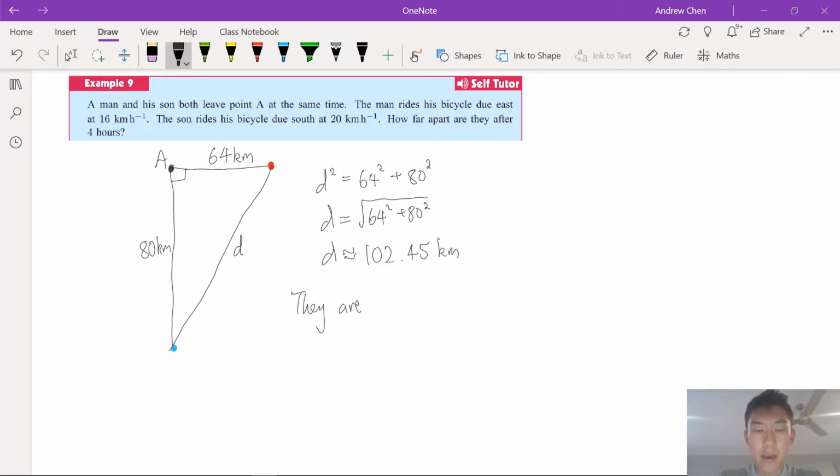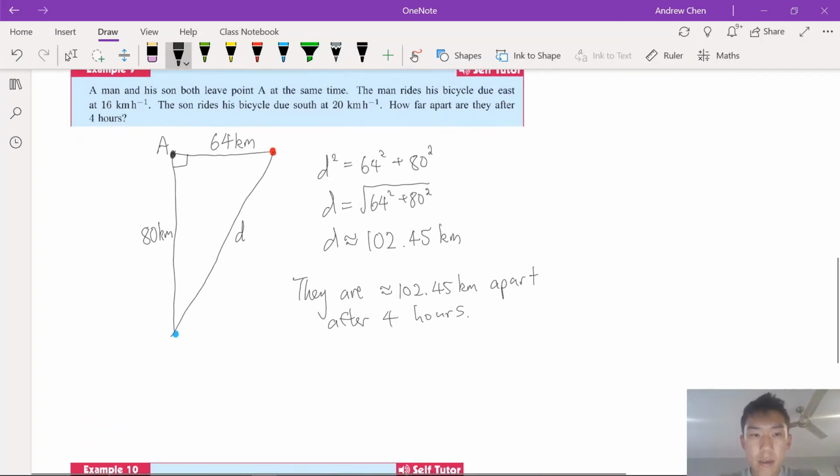They are approximately 102.45 km apart after 4 hours. Okay, done.